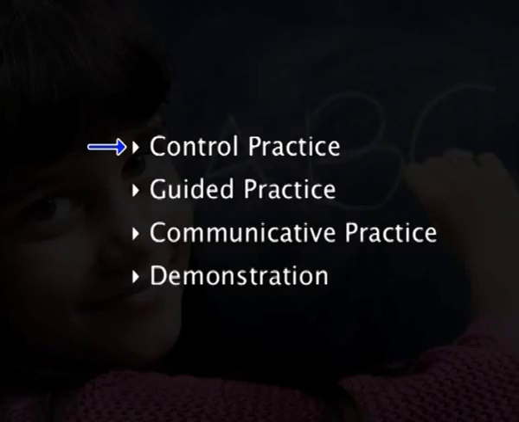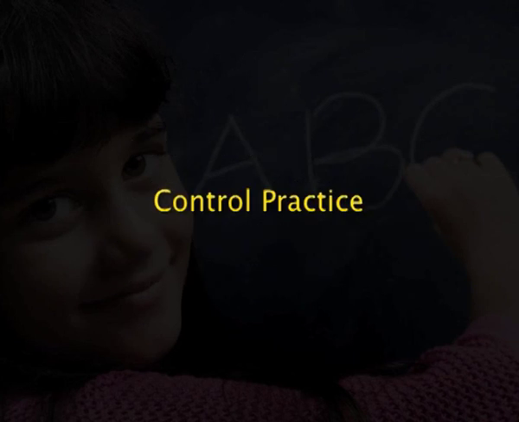For today's session, we will observe a few activities for teaching individual sounds in 4 different levels of practice. 1. Controlled practice. 2. Guided practice. 3. Communicative practice, and at last a demonstration.